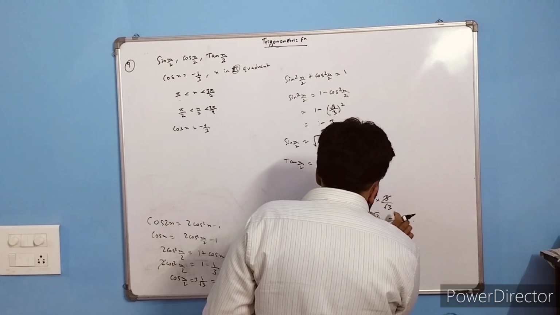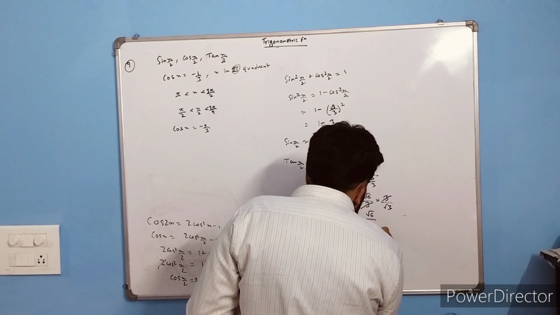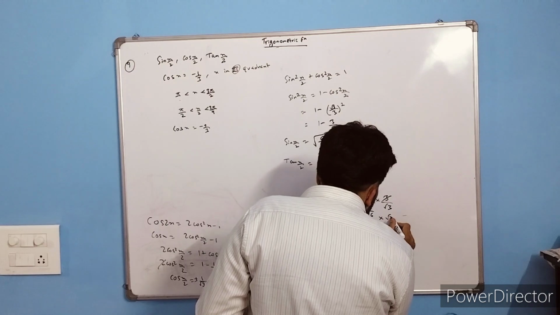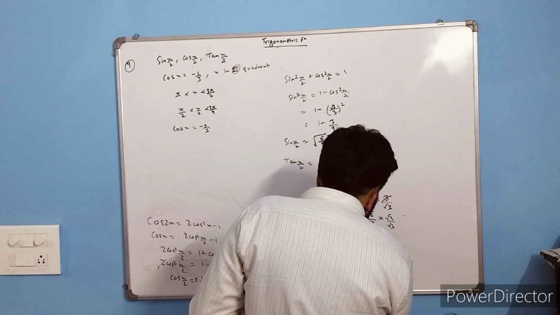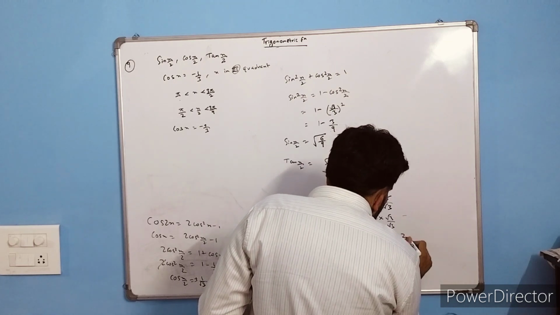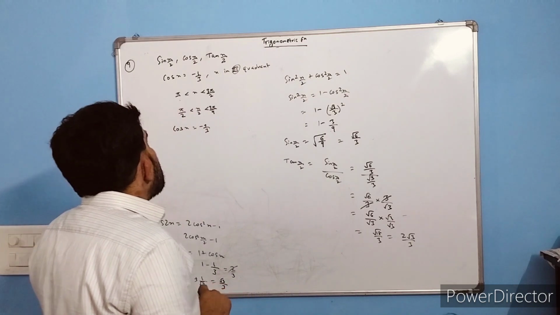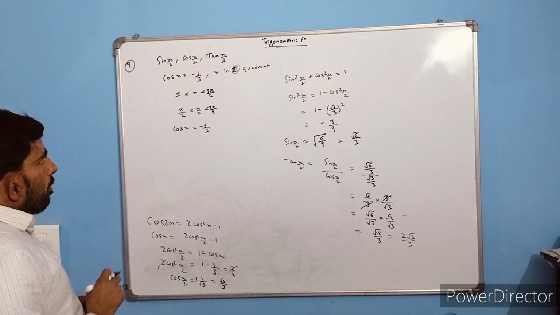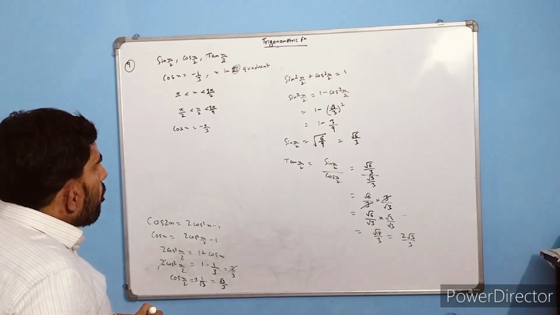Now I can sort it out in this, root 6 upon root 3 and 2 root 3 upon 3. So I got this 2 root 3 upon 3 as my value. As they are in the first quadrant, so we can say that x by 2, what do we have?